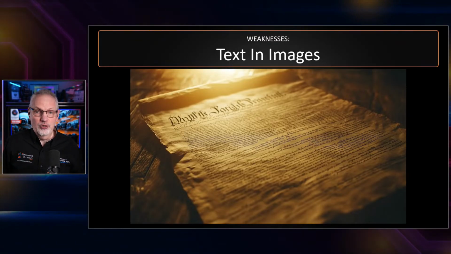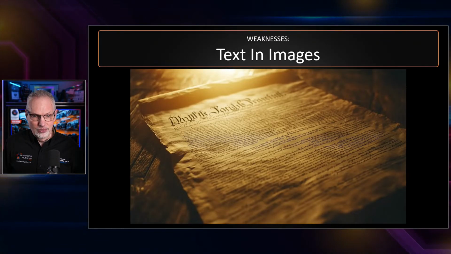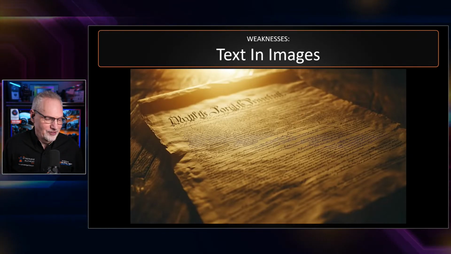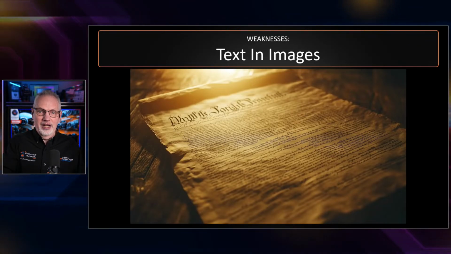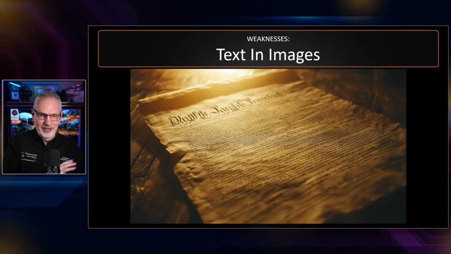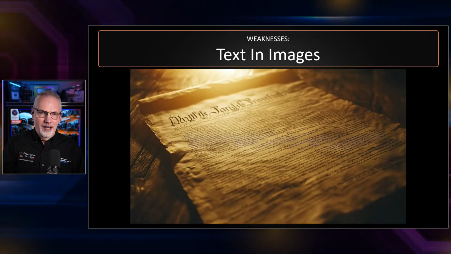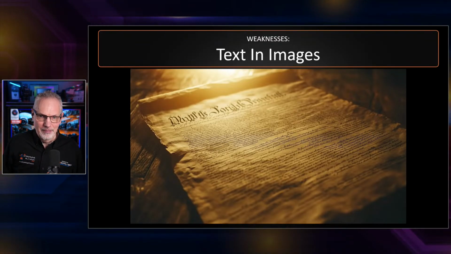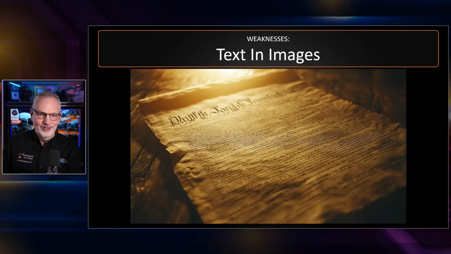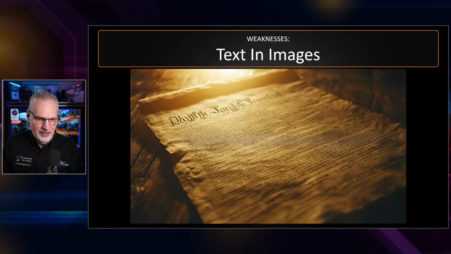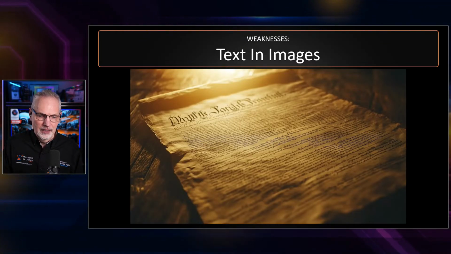So if you ask it to put a billboard up for a hospital over a street corner, there's going to be garbage text in that billboard. It may have an image of a doctor and it will look like a billboard, but it's just going to be non-text text, something that may look like text in an alien language, but that's it. So that's the other thing that it doesn't do well.